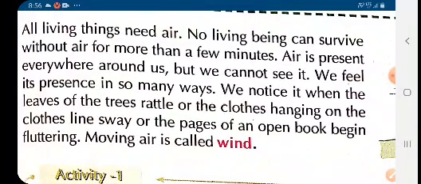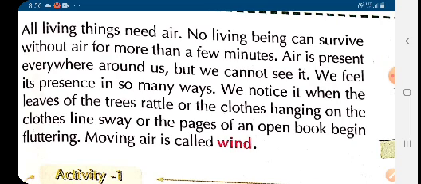So children, the movement in the air, moving air, is called wind. So this is wind which you can feel. Children, this is the wind which helps us fly kites.